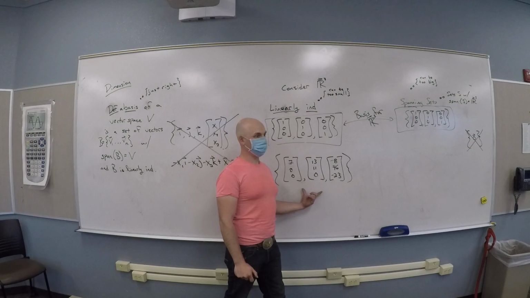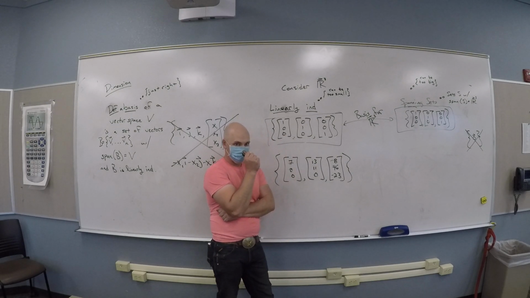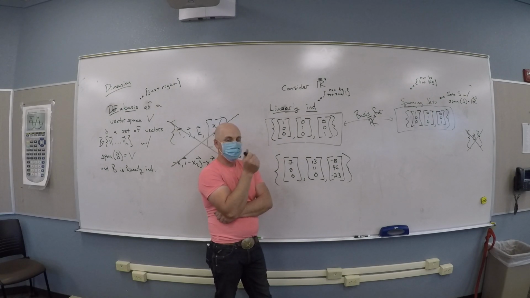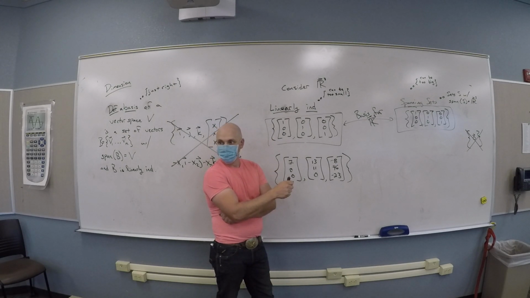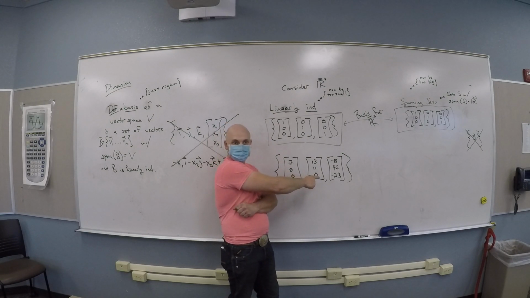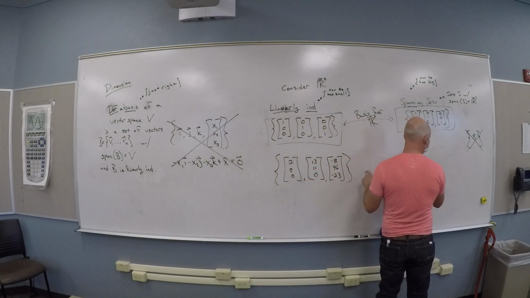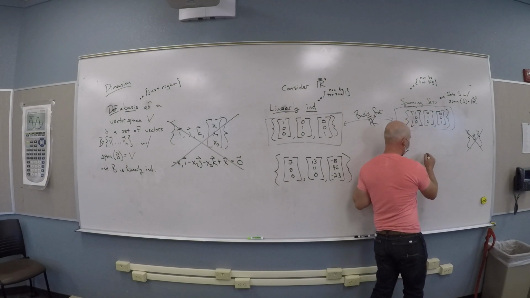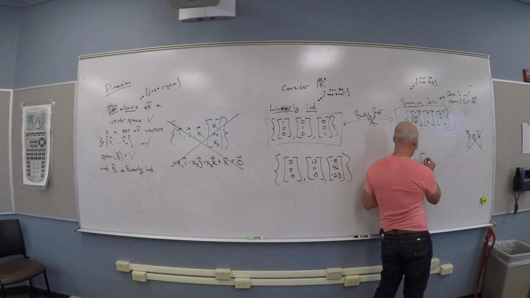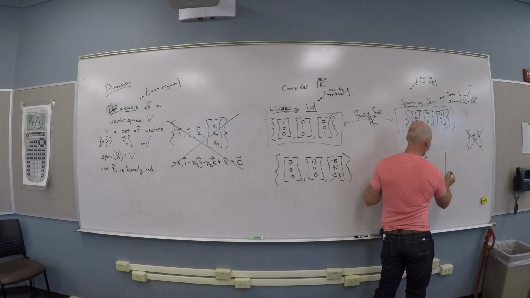How do I know this is a spanning set? I want to know that I can make any vector in R3 by writing some combination of these. That's going to amount to augmenting a matrix 7, 13, -8, 0, 11, 46, and 0, 0, -23.